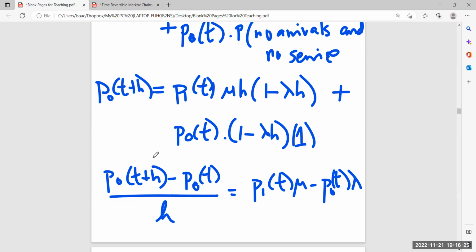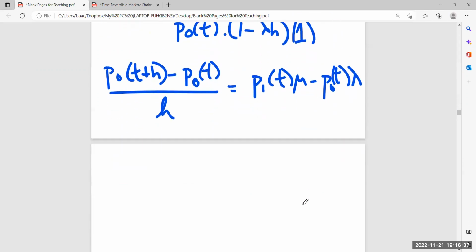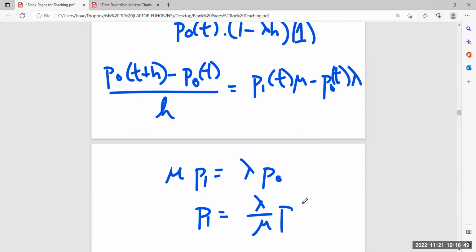Again, what happens here? This part here goes to 0, so then I'll have 0 equal to the right hand side. So now things are looking up. So this will be mu P1 equals lambda P0. That means that P1 is equal to lambda over mu times P0.